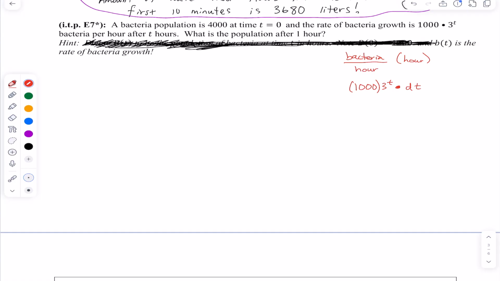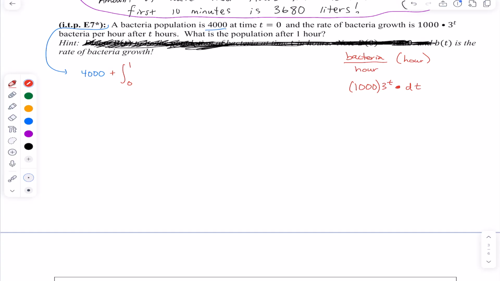Now we're ready to translate this scenario. There is an initial population of 4,000. And we want to know how much bacteria is added on after 1 hour. So we need a definite integral with the domain from 0 to 1. And what are we adding up? We're adding up the rate of change multiplied by a small increment of time.